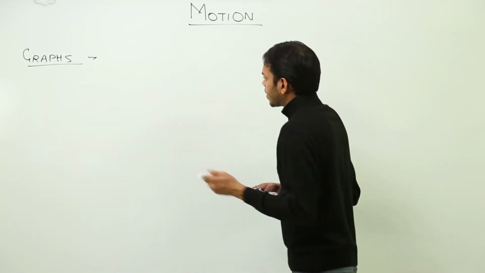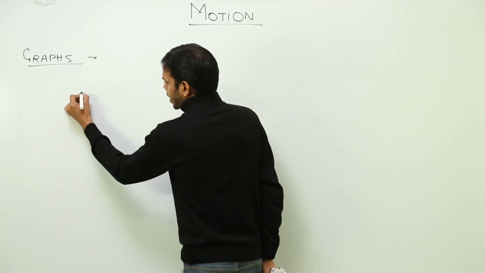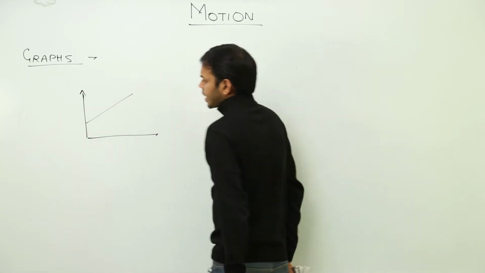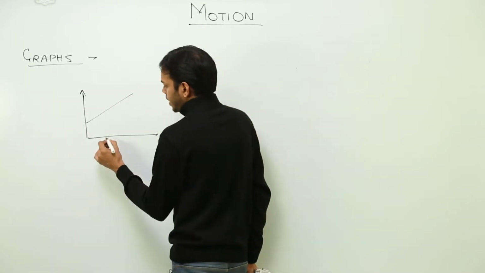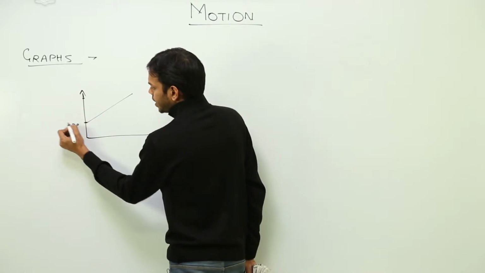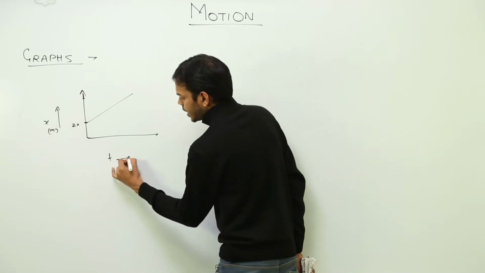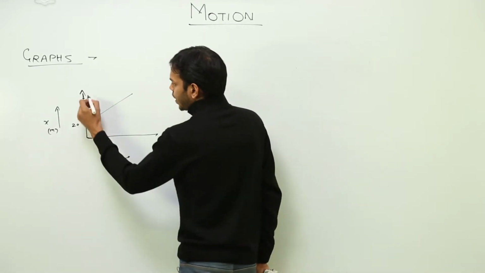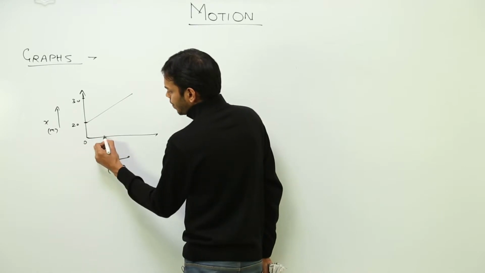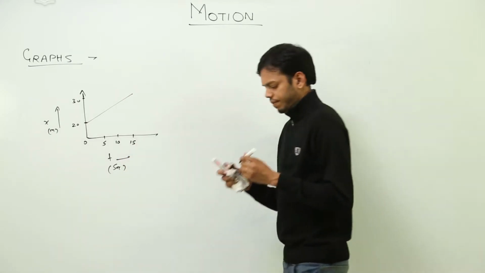Now I want to know, if I give you a graph like this, where these are the given values, 20 meters, this is x in meters, this is t in seconds, 20, 30, 0, 5, 10 and 15, right?